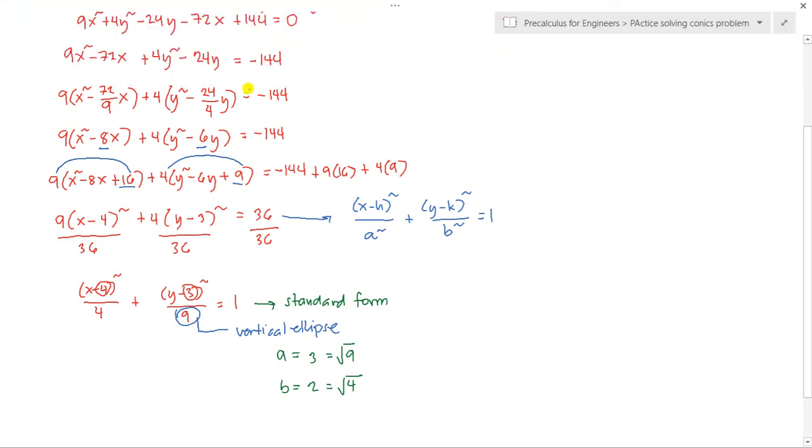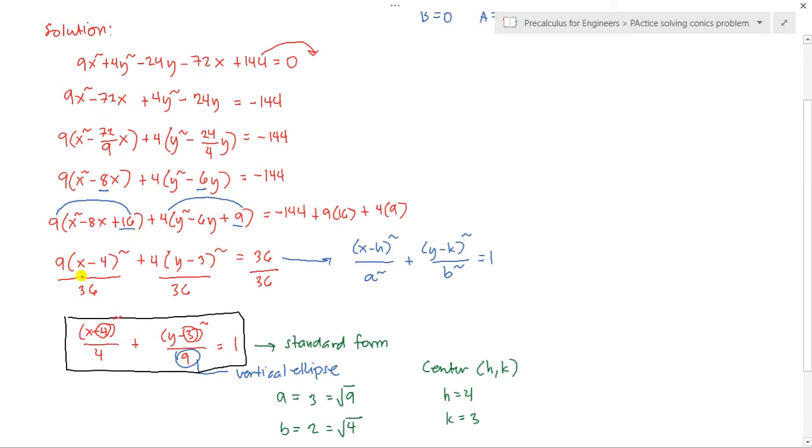So the center of the ellipse is at (h, k), and it is x minus h. So since it is x minus 4, therefore h is equal to 4 and k is equal to 3. If you already have this, that is the standard form, and that is our final answer.